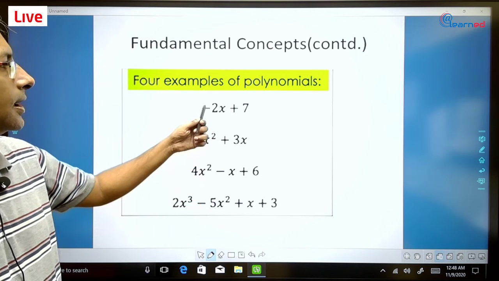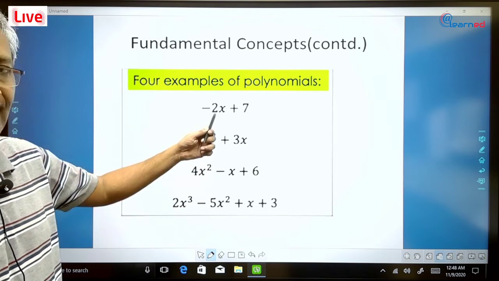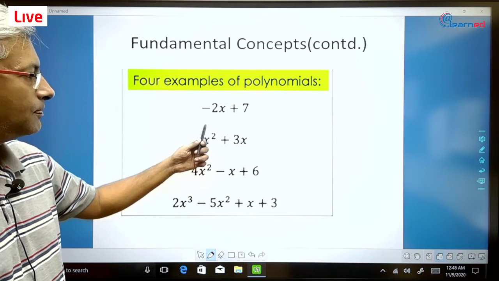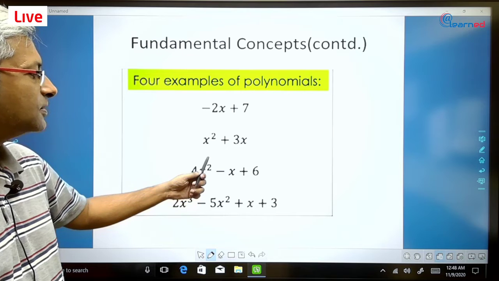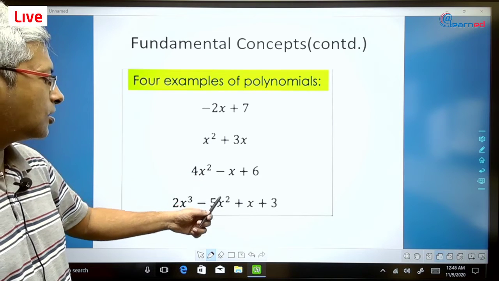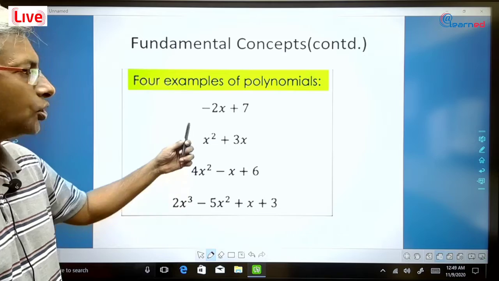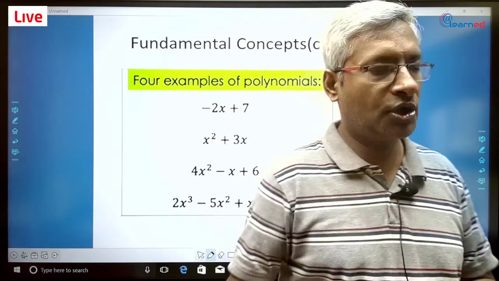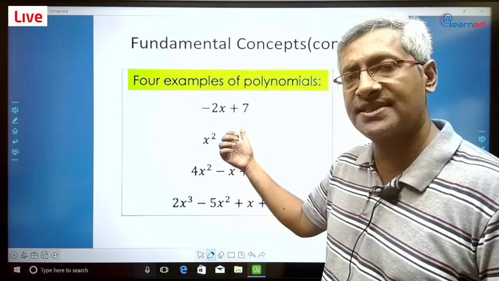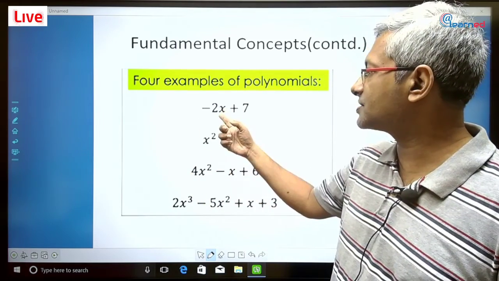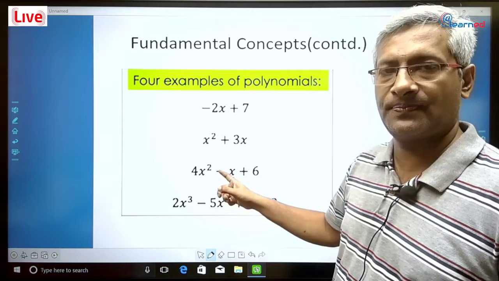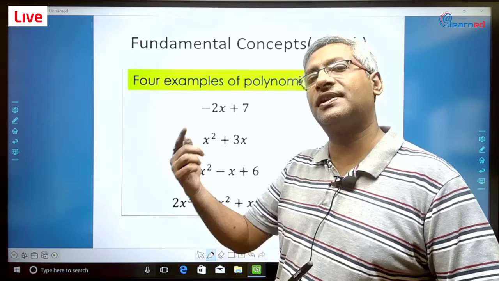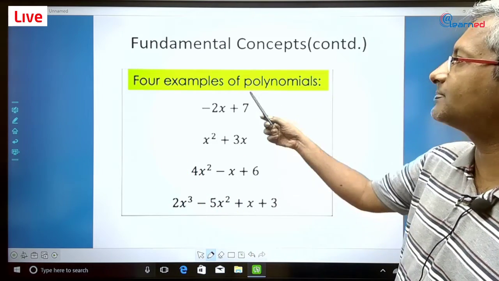Over here there is no negative power, or over here 3, these are whole numbers. They are not negative numbers, and there is no division symbol over here. Everything is a multiplication or an addition or a subtraction. We don't have a division, we don't have anything raised to the power of a negative number. Okay? So these are the examples of polynomials.